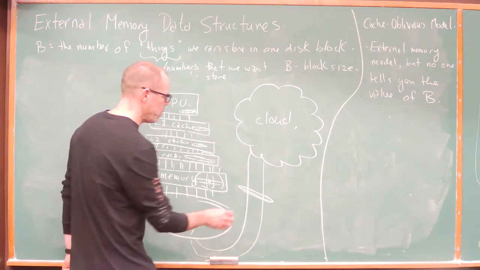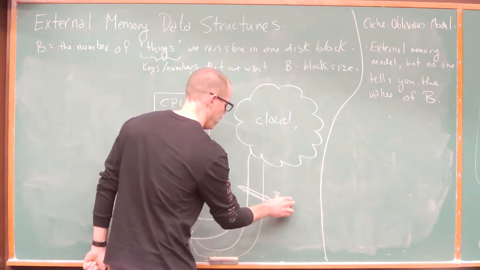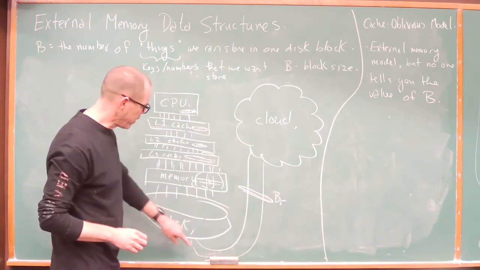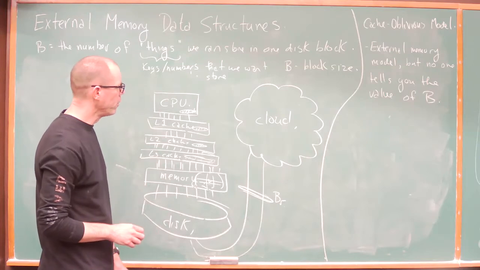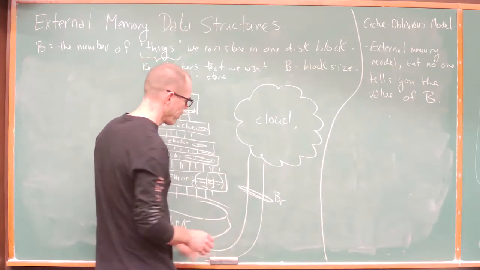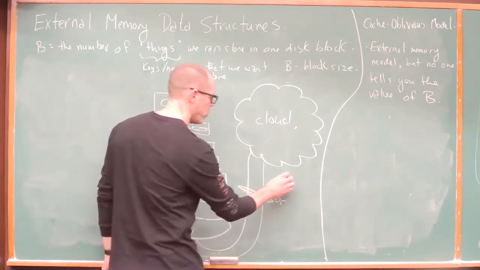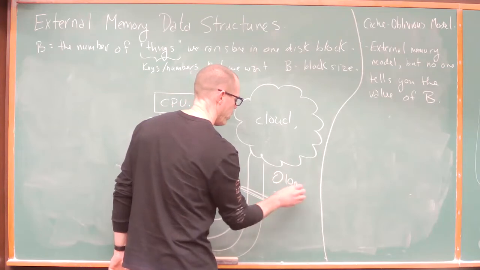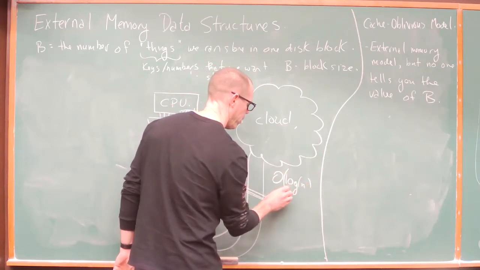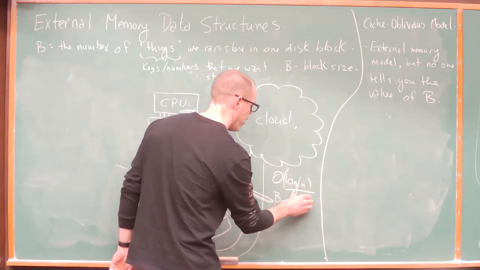So, if this is B5, the size of this thing, then I should be able to search. The number of cloud accesses when I search should be order log n divided by log B5.